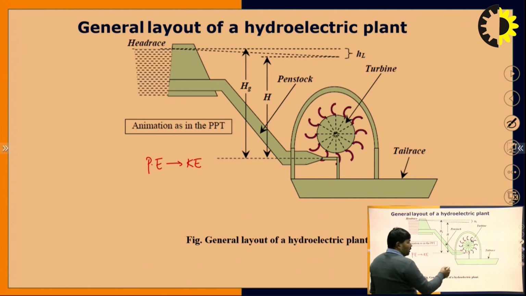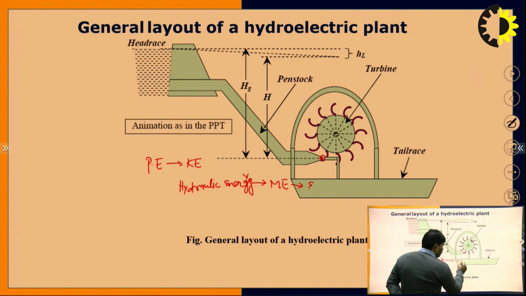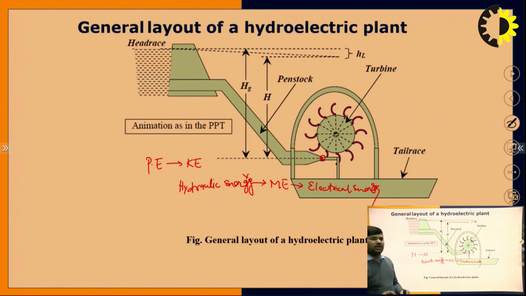After the striking of the water, the hydraulic energy is converted to mechanical energy, and mechanical energy is converted to electrical energy. These are the principles of the hydraulic turbine, how the energy conversion works.